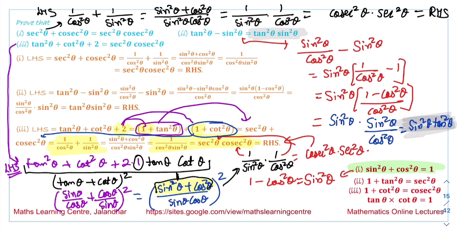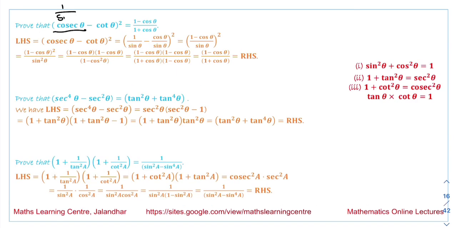Now next we have this term, cosecant theta. So we can write it as 1 over sin theta minus cos theta over sin theta, and the whole thing is squared. If we take sin theta as LCM, we are left with 1 minus cos theta.